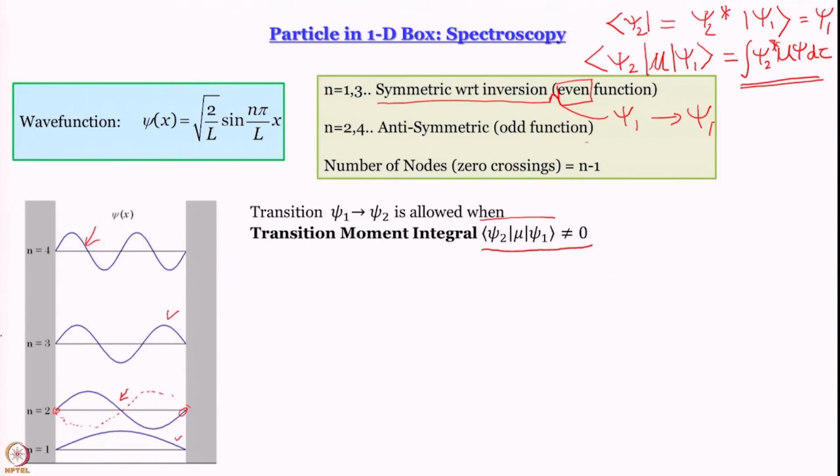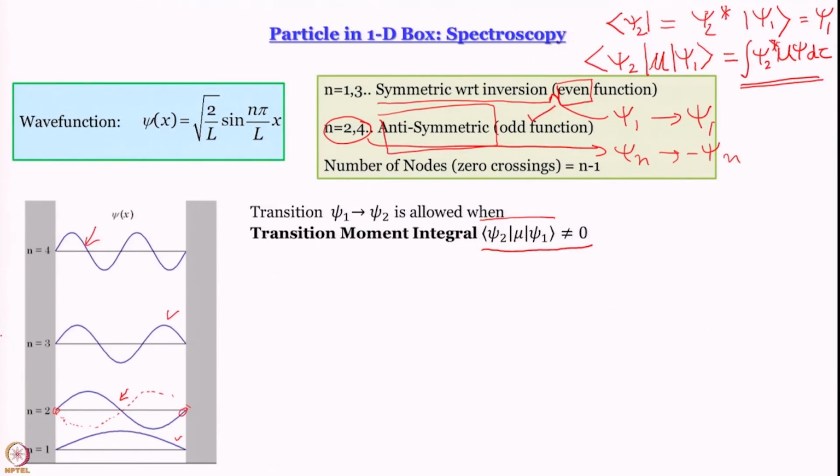So, upon inversion, for n equal to 2, 4 etc., where n is even, psi n becomes minus psi n, and that makes it antisymmetric with respect to inversion, and such functions are called odd functions.